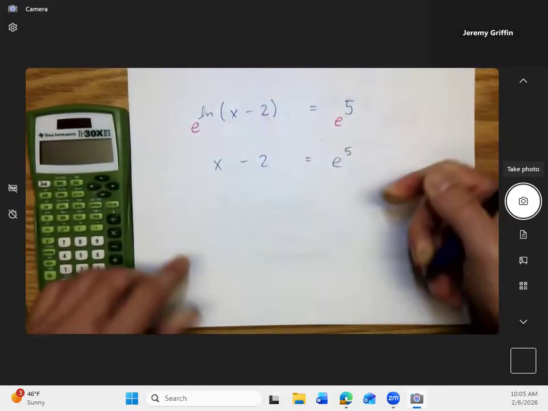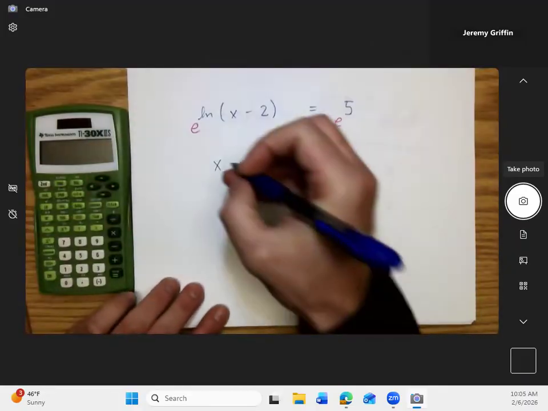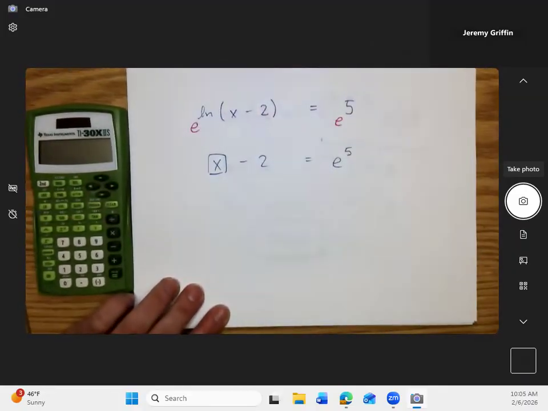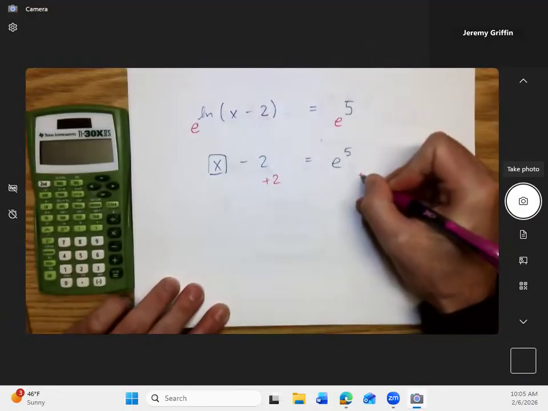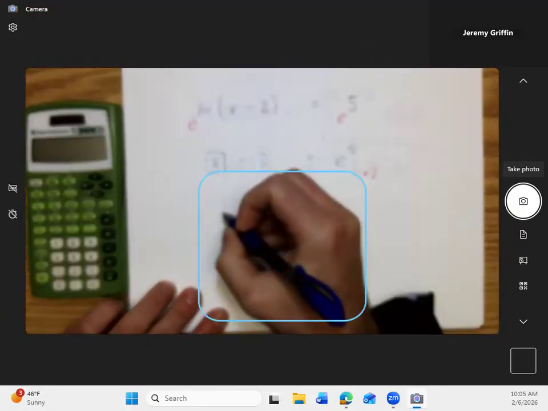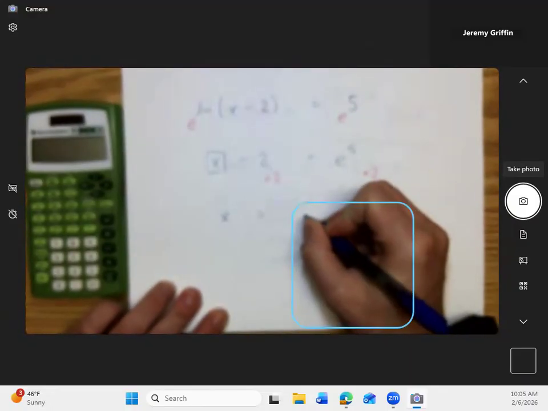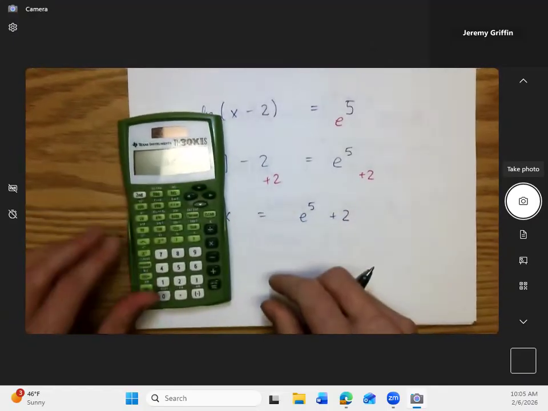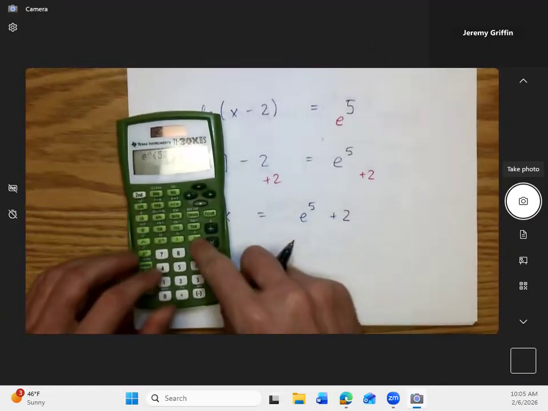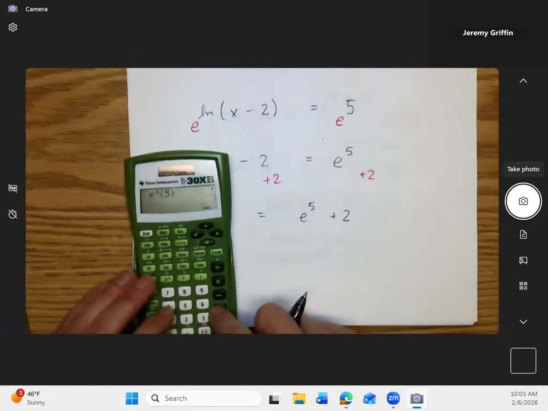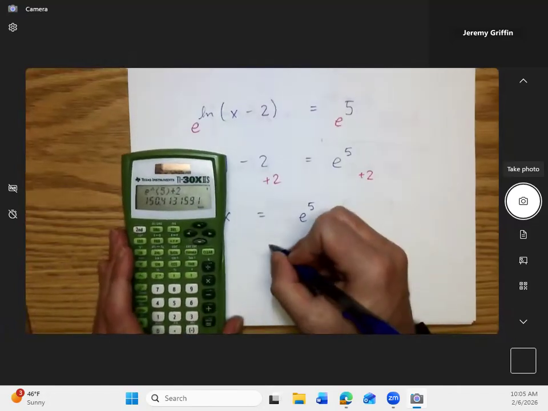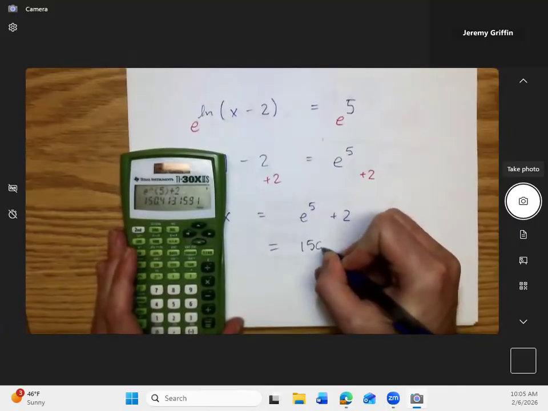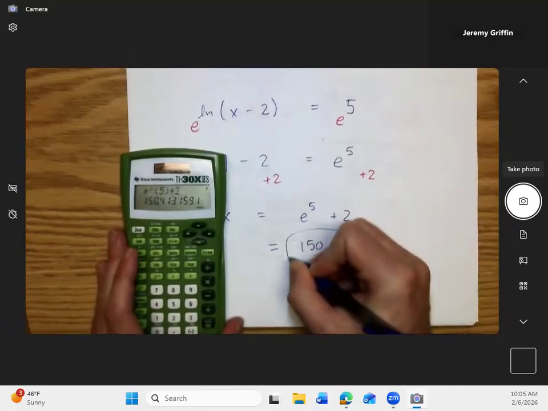There's a couple of ways to think how to get there, but that's the starting point. And just add 2 to both sides. Plus 2, plus 2. So then x is equal to e to the 5 plus 2. So e to the power of 5, close parenthesis, plus 2. I'm looking at 150.4.